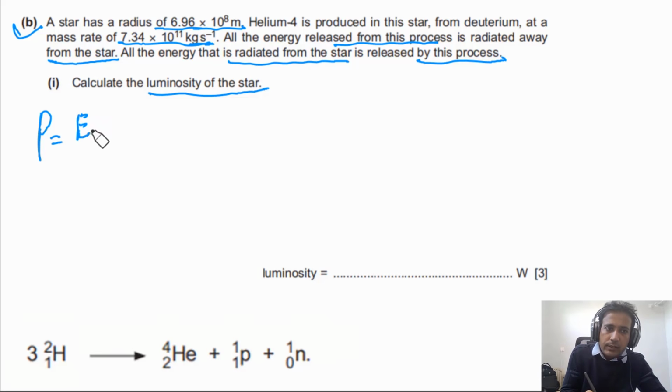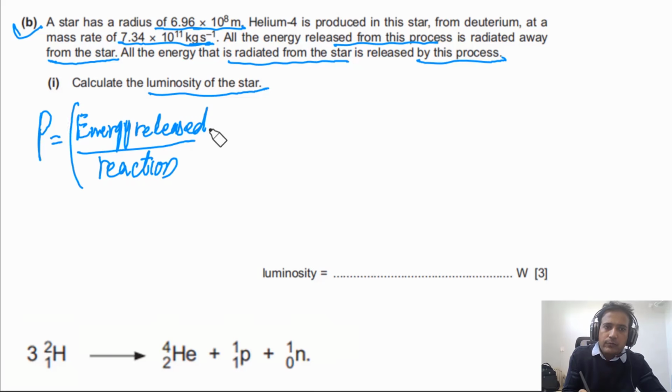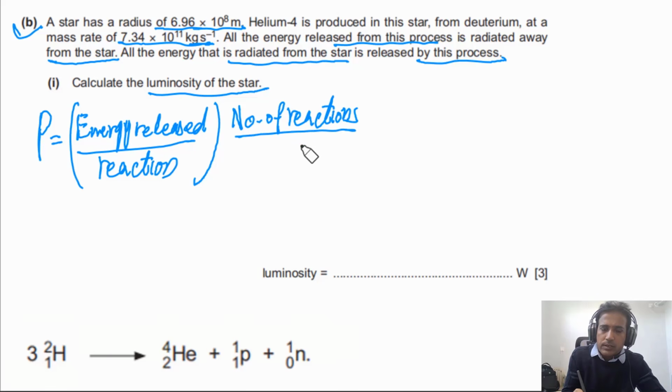If we have the energy released per reaction, and we multiply this by the number of reactions taking place per second, we can calculate power.